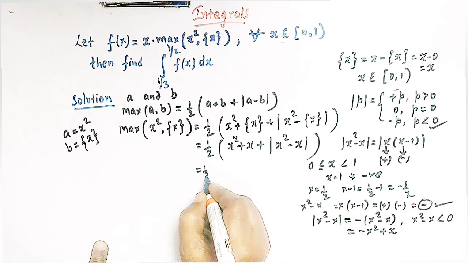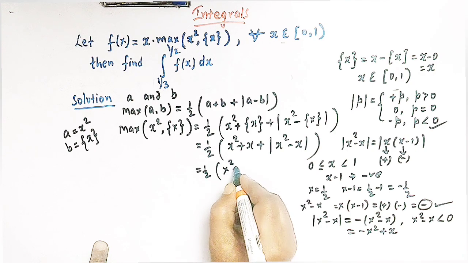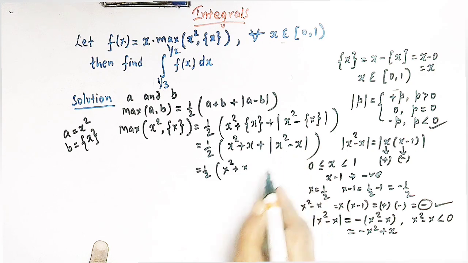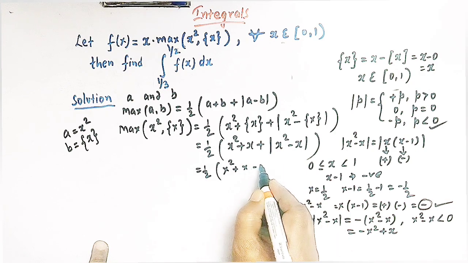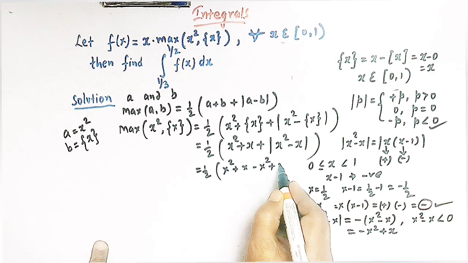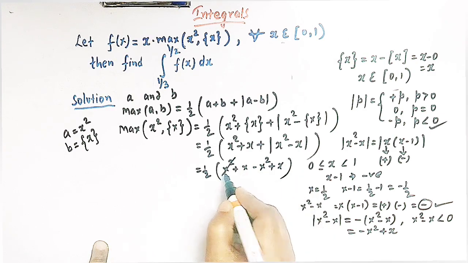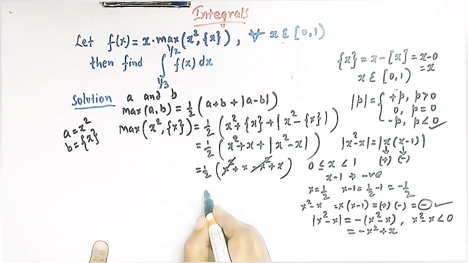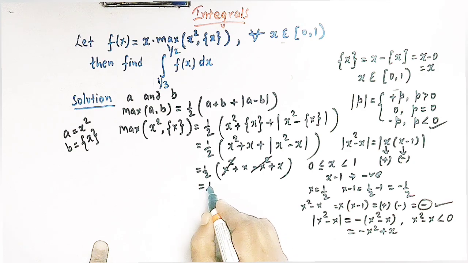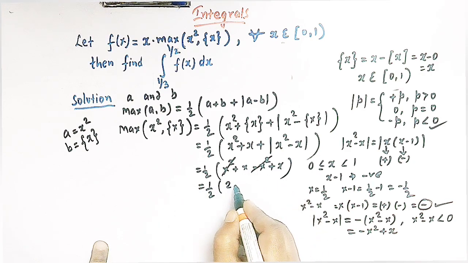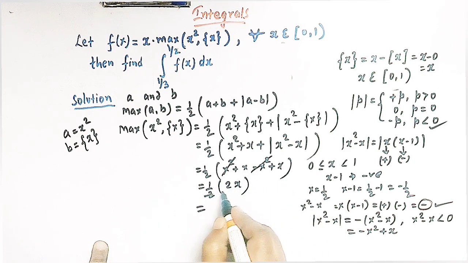So now we have half and x square plus x, and here we have minus x square plus x. So x square and minus x square get cancelled, and we have half times x plus x is 2x. So 2 and 2 get cancelled, so we are left with x, right?